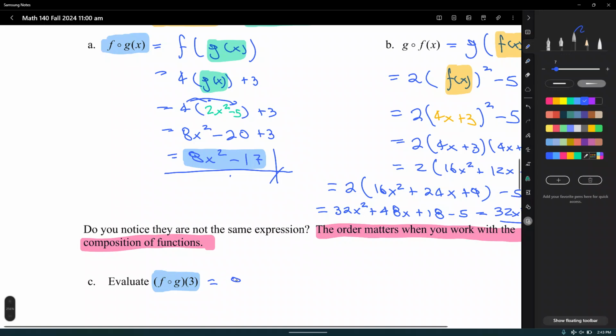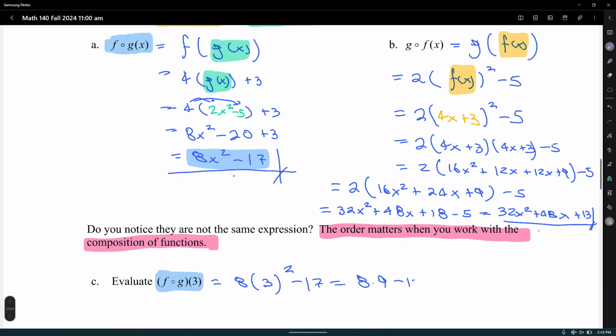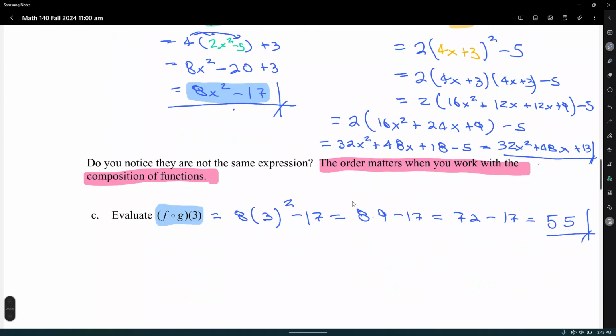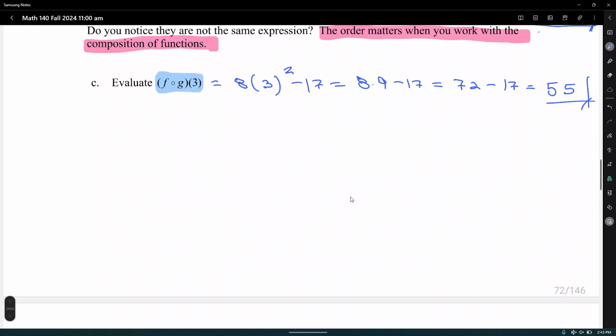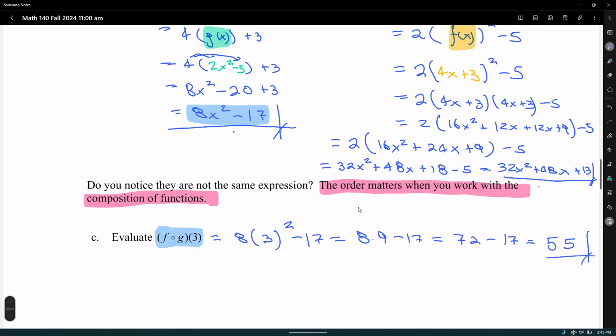That'll be equal to 8 times 3 squared minus 17. 3 squared is 9, 8 times 9 minus 17. 8 times 9 equals 72, minus 17, which equals 55. In this case, they're not asking us to evaluate the other composition, just this composition.